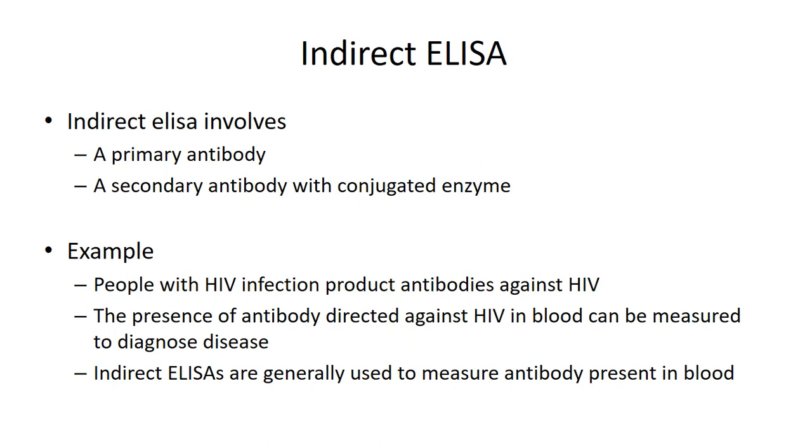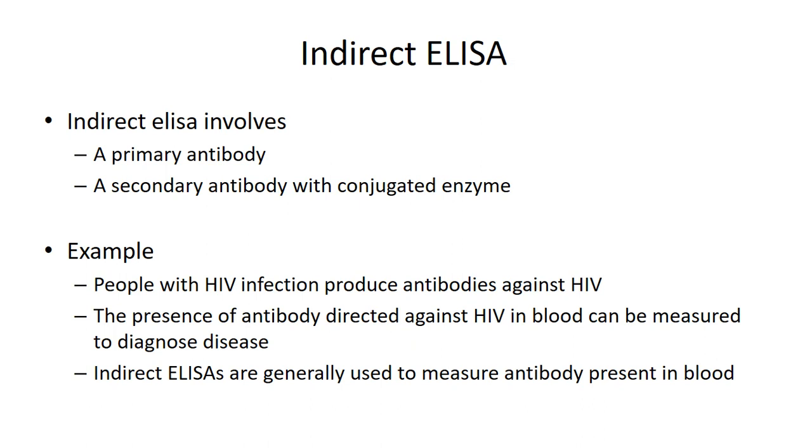Okay, so people with HIV infection produce antibodies directed against HIV. And the presence of the antibody directed against the HIV that would be present in someone who's infected can be measured to give an indication of the presence of HIV.